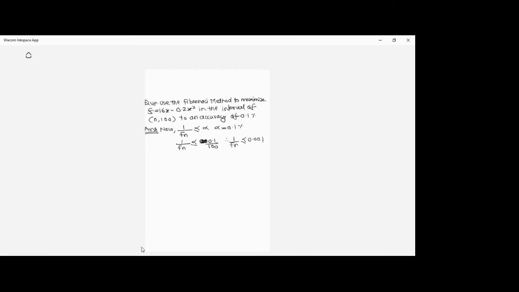Now taking the reciprocal of 0.001, that is 1 divided by 0.001, it comes as 1000, and changing the direction of the inequality sign, fn should be greater than or equal to 1000.